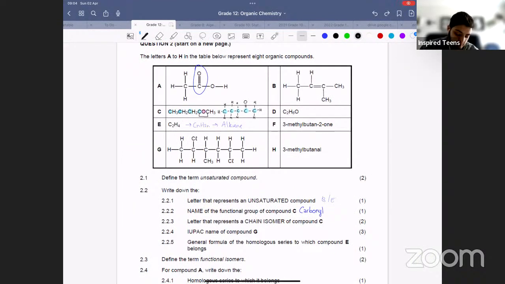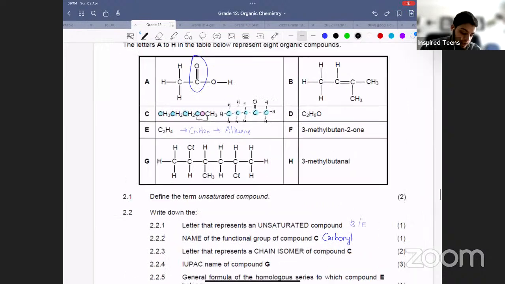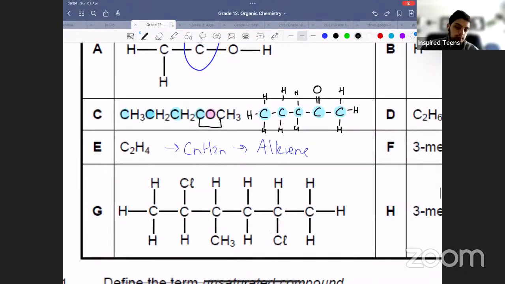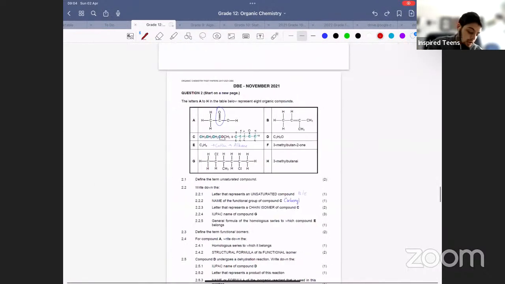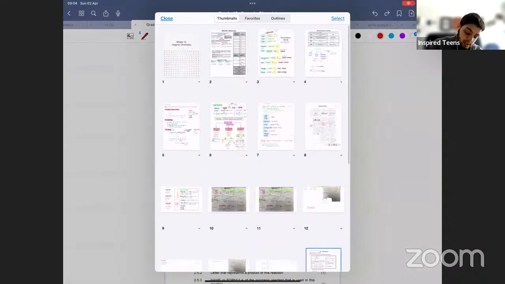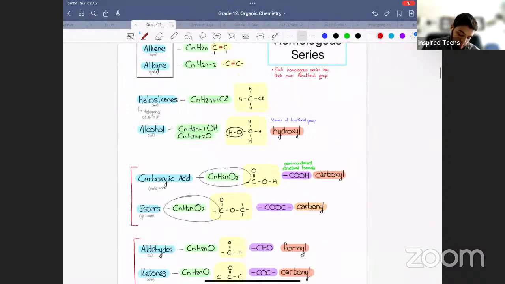2.2.2, they said name the functional group of compound C. We did some analysis of how we should draw from a semi-condensed formula to a structural formula. So we take the approach of drawing it carbon by carbon, and understanding what is attached to these carbons, and then drawing it accordingly. After drawing it, we deduce that this is actually an aldehyde.